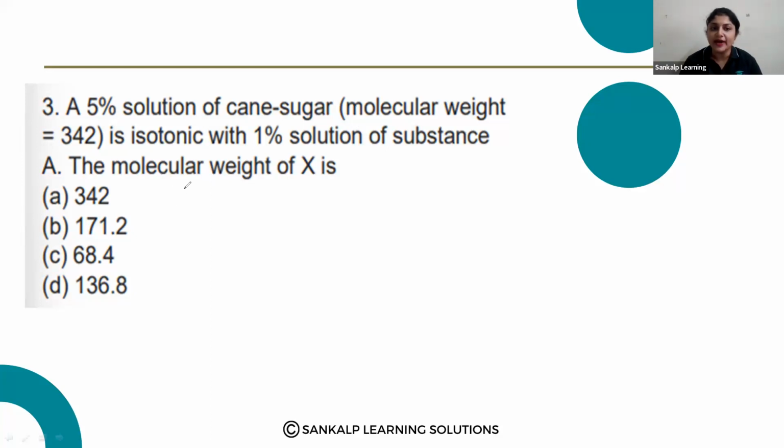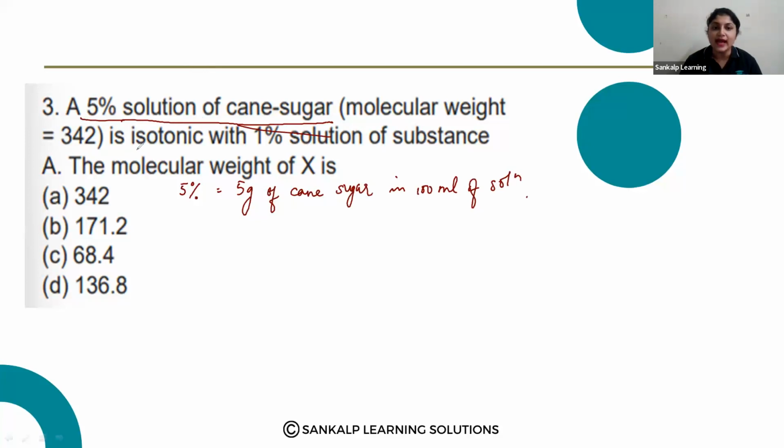What do you mean by 5%? 5% means 5 grams of cane sugar in 100 ml of solution. So a 5% solution of cane sugar is 5 grams of cane sugar dissolved in 100 ml of solution.